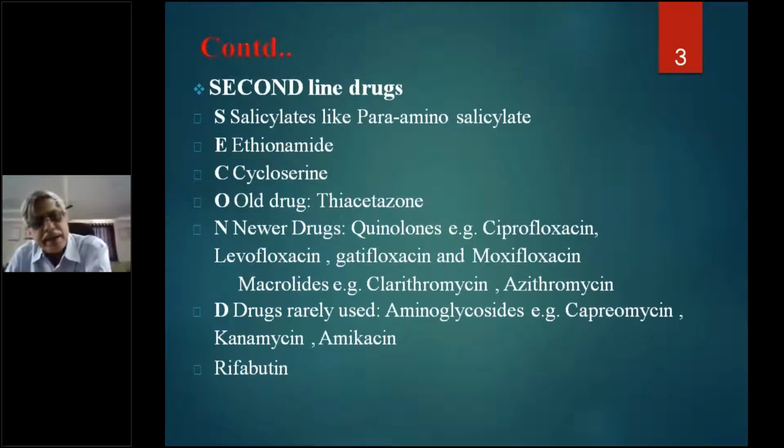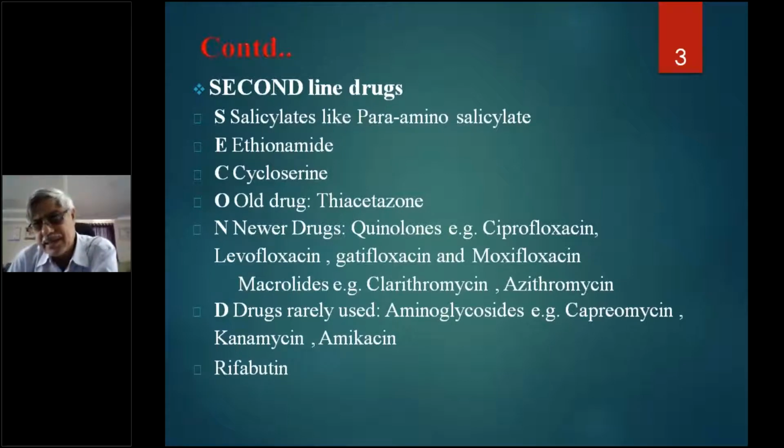But even with so many drugs, these 5 drugs are not able to control it, and so many resistant cases come up. How do you treat? You just cannot give drugs like this: 5 drugs to all patients, 4 drugs to all patients, 3 drugs to all patients. So first, you have to categorize. You must know the categories.